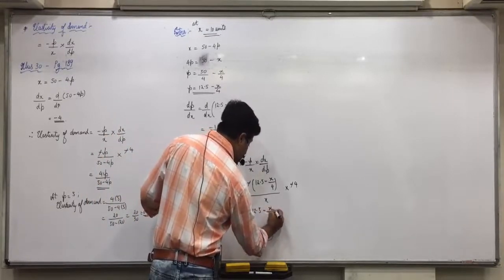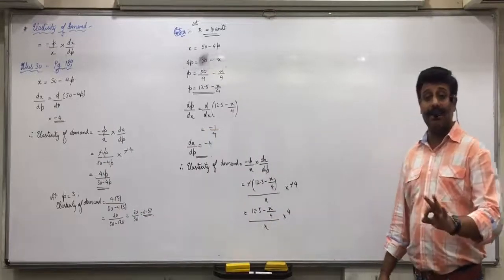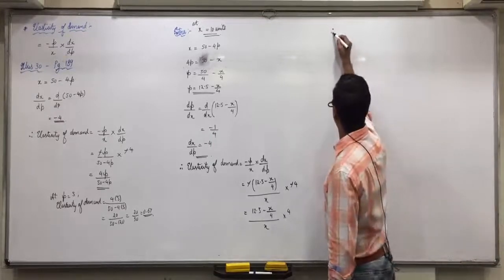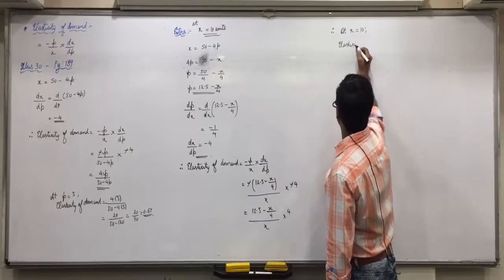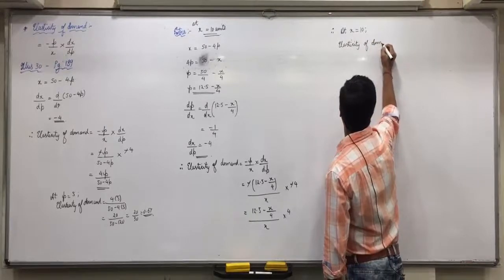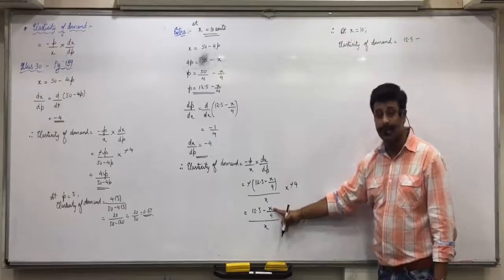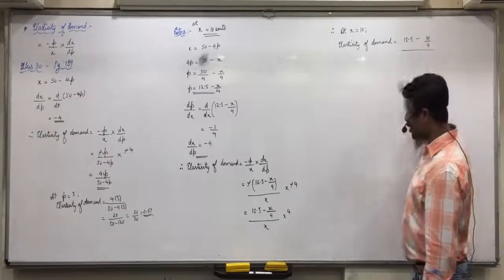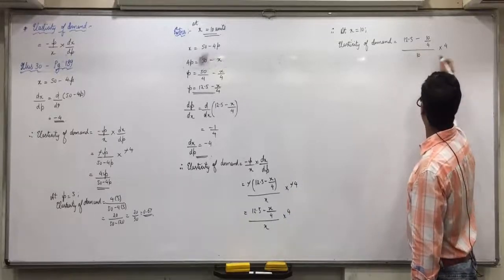12.5 minus x upon 4, whole upon x, into 4. Now we are asked elasticity of demand at x equals 10 units. So therefore, at x equals 10, elasticity of demand is equal to 12.5 minus, what will I put in x here? 10, divided by 4, whole upon 10 into 4.